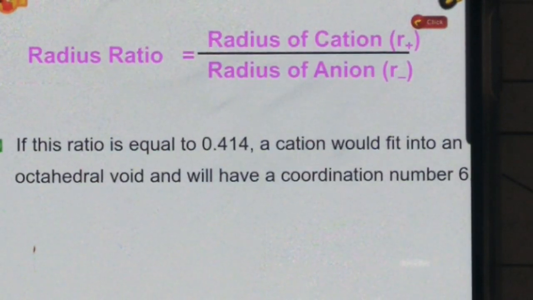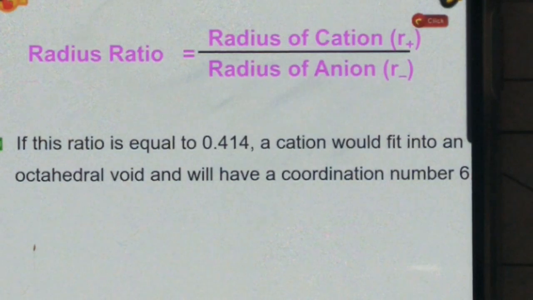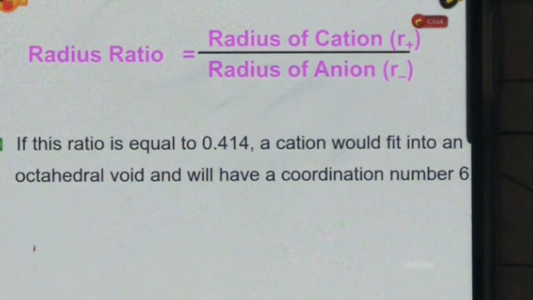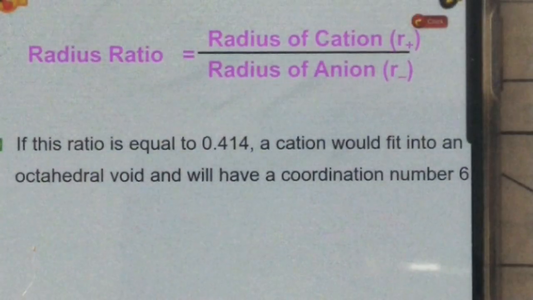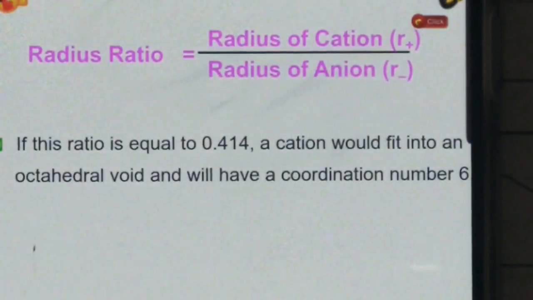If this ratio is equal to 0.414, a cation would fit into an octahedral void and will have coordination number 6. Similarly, for the tetrahedral void, the ratio should be equal to 0.225, and for the octahedral void, it should be 0.414. Then the cation will fit into the void.